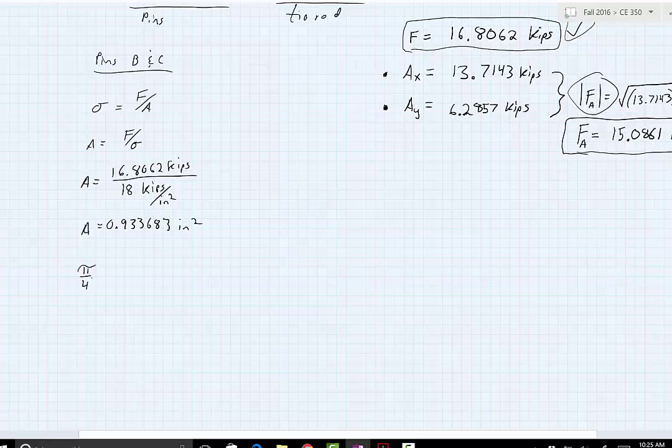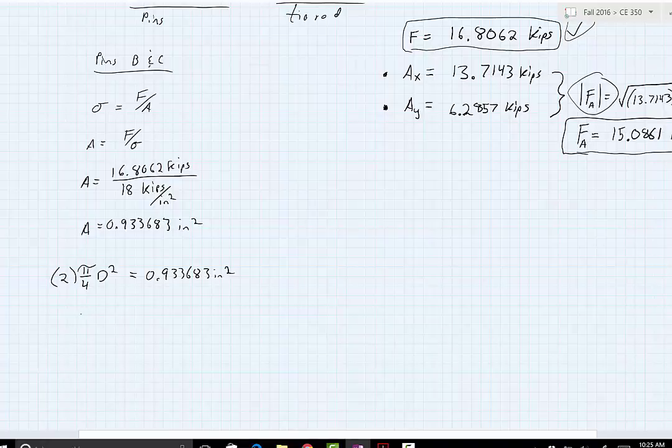So for the pins B and C, the formula for the area is going to be pi over 4 diameter squared equals 0.933683 inches squared. But we need to remember that the pins at B and C are double shear connections, so we need to multiply this by 2.